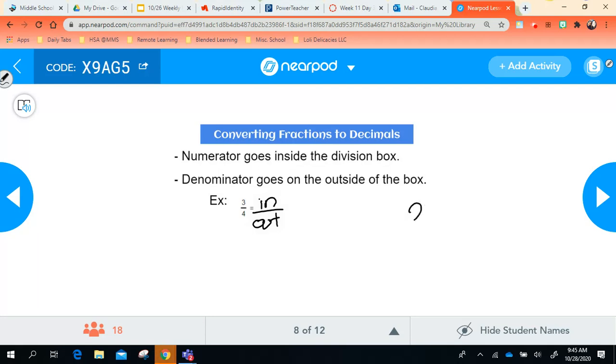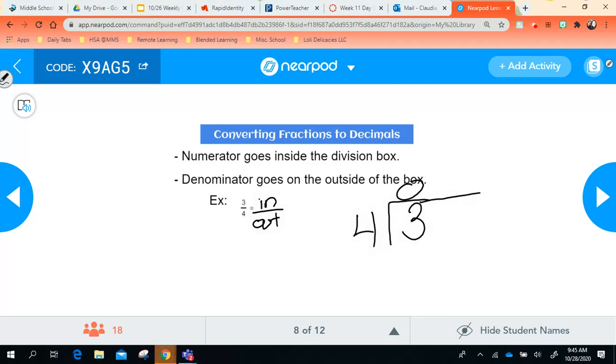So I do 3 divided by 4. This is going to work just like what we were just doing. Does 4 go into 3? No. So I'll put a 0. What do I do now? Make another 0 where?